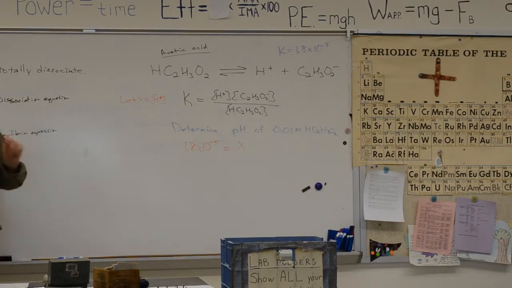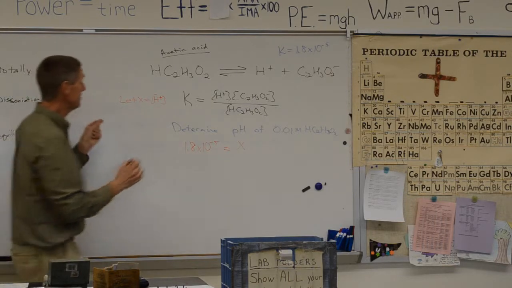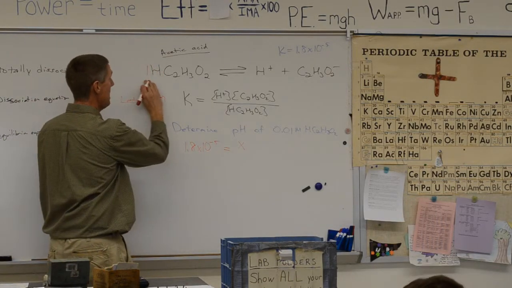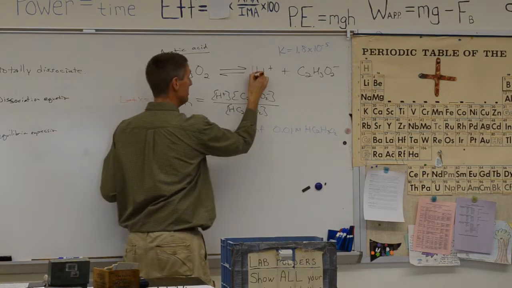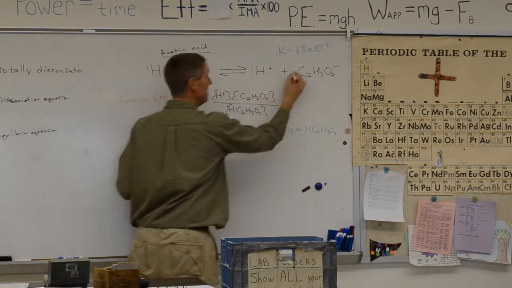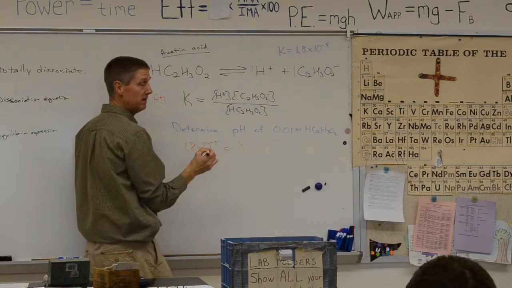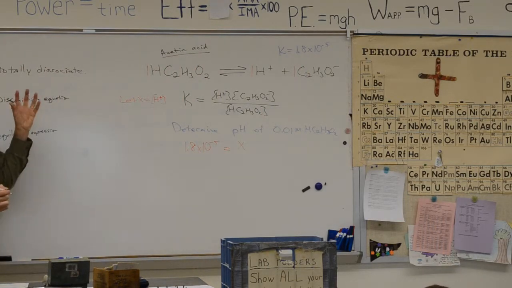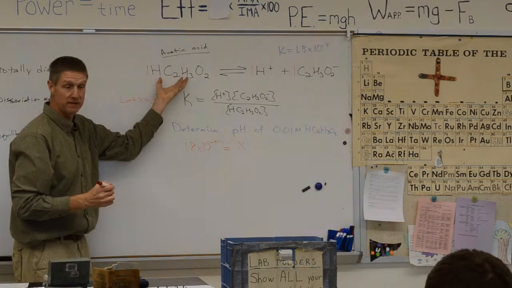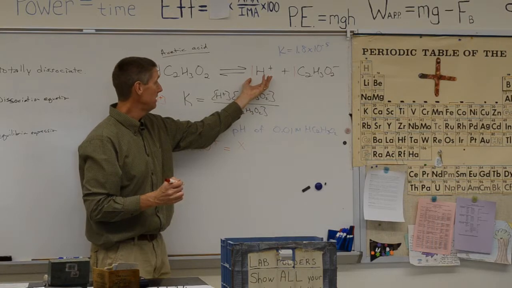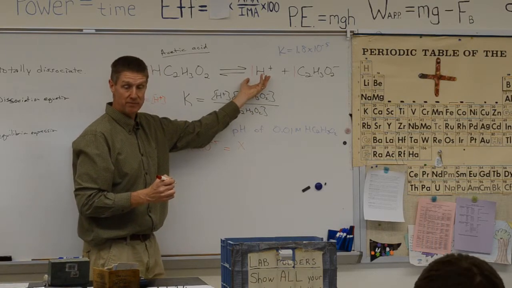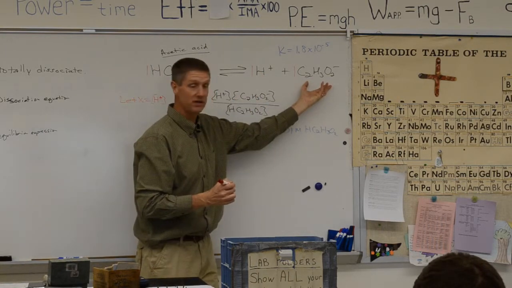Now, let's look at our stoichiometry. It says that one molecule of hydrogen acetate breaks apart to make one proton and one acetate. So if I have X number of acid molecules breaking apart, I'm going to make X number of hydrogens, positive, and X number of acetates.